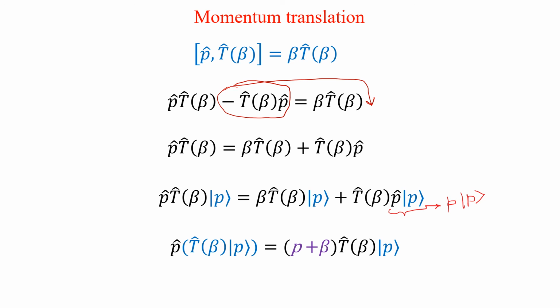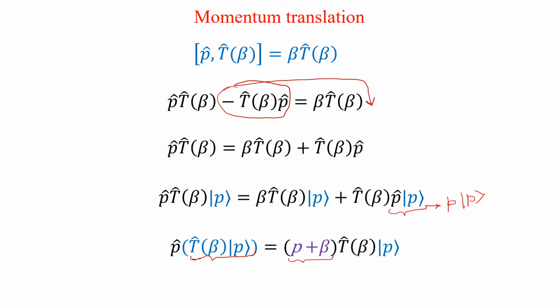Since the ket vector |p> is an eigenvector of operator p, naturally here T acting on the ket |p> is also an eigenvector of operator p. Of course, here the eigenvalue is p, and in this case the eigenvalue is p plus beta.